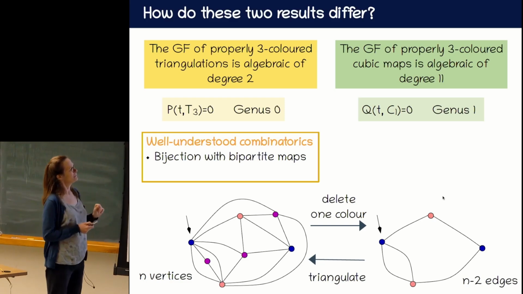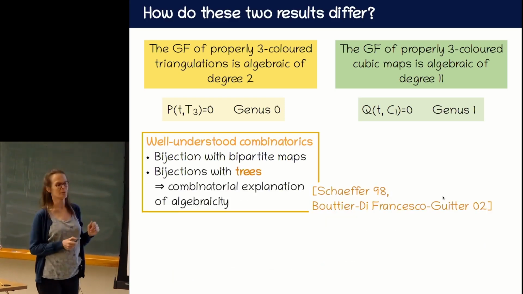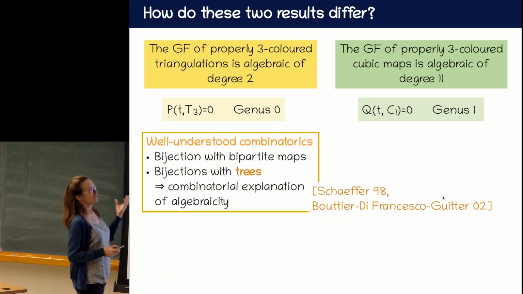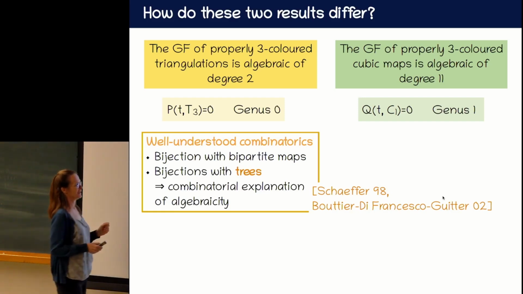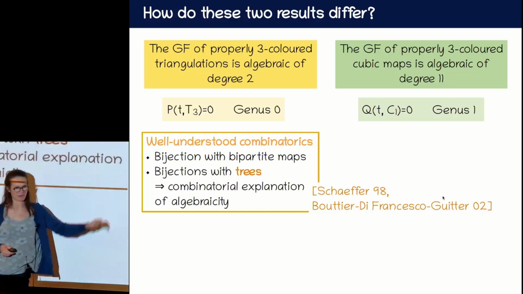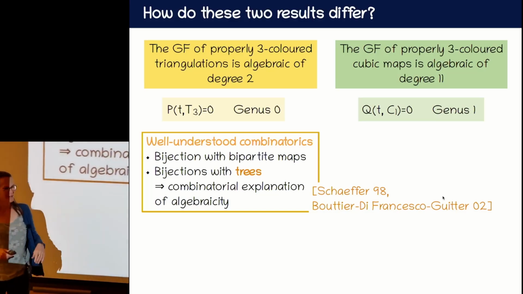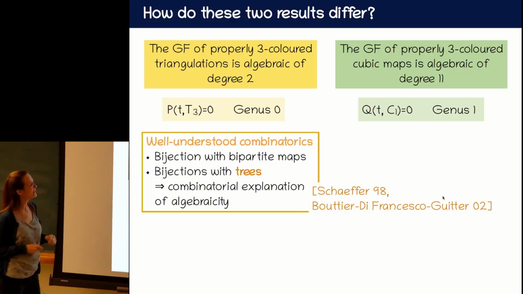And then come much more subtle and richer bijections, which transform these maps into families of trees. So we've heard about this paper several times this morning. I'm glad it played such a role in your work.